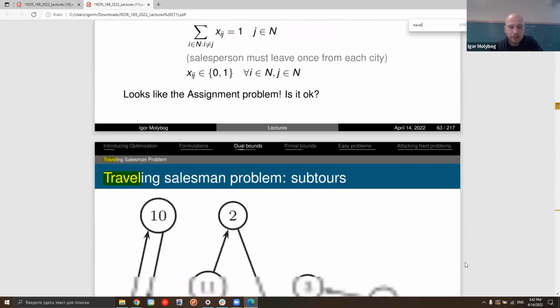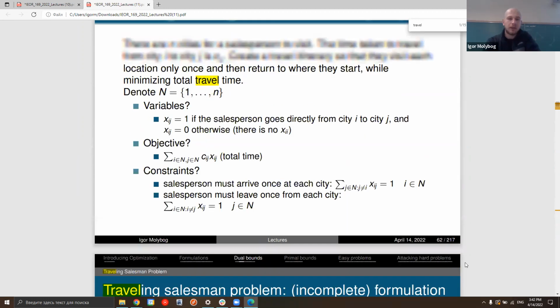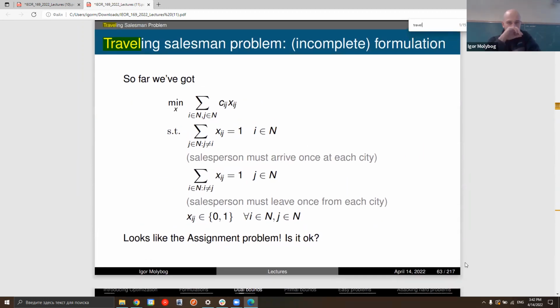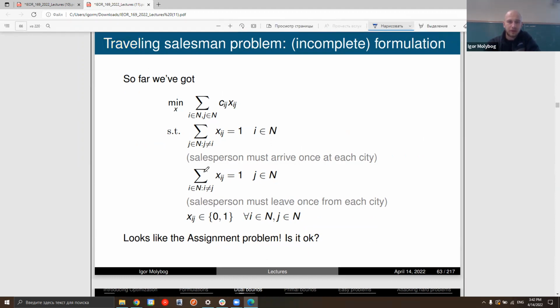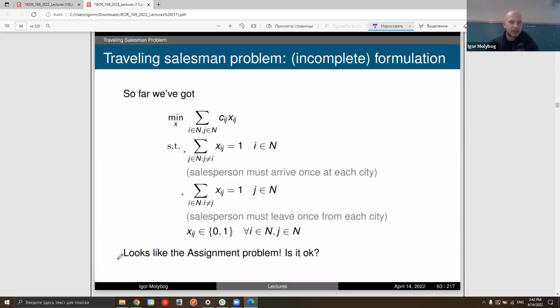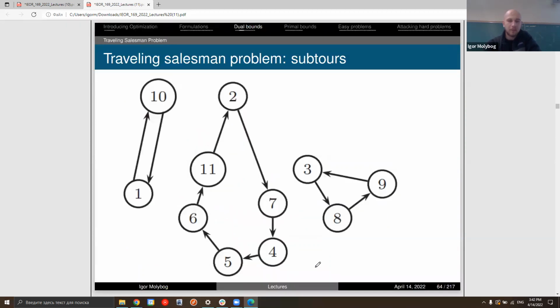Yeah. So we had the traveling salesman problem, and the first incomplete formulation that we came up with consisted of 2 constraints, and then we said that it looks like an assignment problem. It was in fact an assignment problem, and then we realized that it just means that a tour can be split.